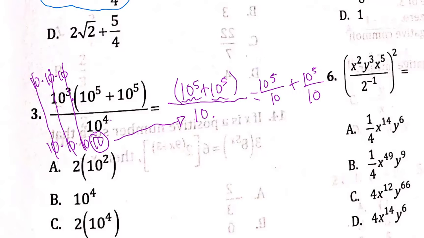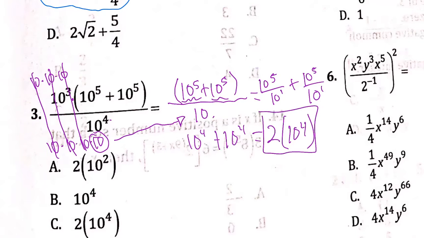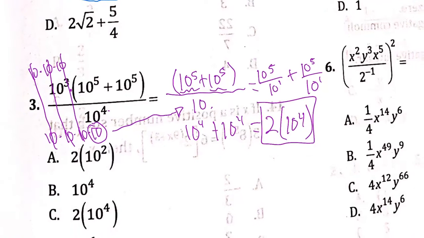So now I could just simplify it just like I did over here, right? 5 minus 1 is just 10 to the fourth, plus 5 minus 1 is 10 to the 4th. And then my answer choice wants it to look factored, like 2 times 10 to the 4th. And that is how I do this one, which is C.